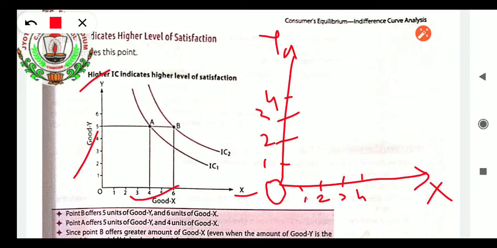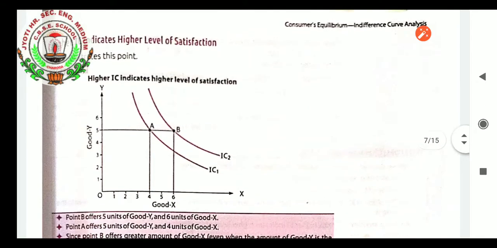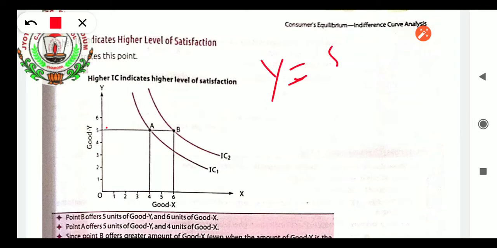Now what do you have to do with this graph? First, it is pointing at 5 here. What does it mean? Good Y is demanded, how many units? 5 units. And X, how many units? 4. This is the first set of data.